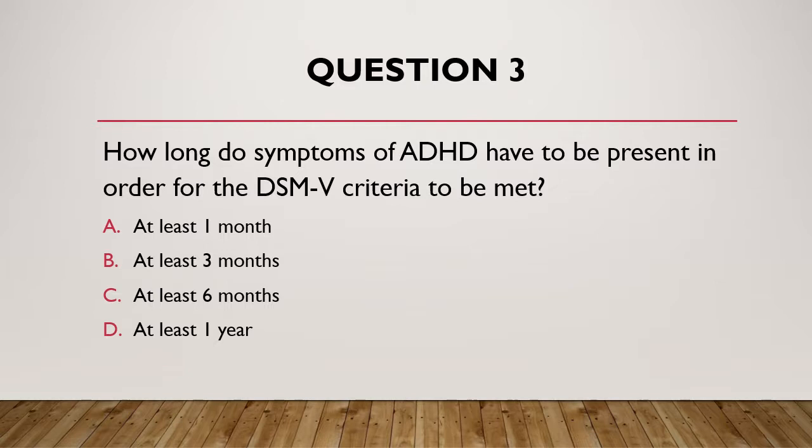A, 1 month, B, at least 3 months, C, at least 6 months, or D, at least 1 year? All right, and the answer is C, at least 6 months.